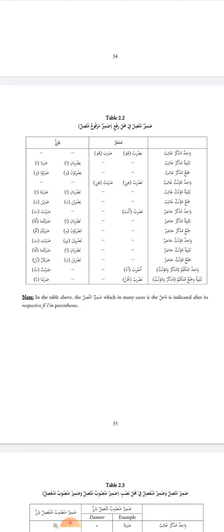Those who know sarf will know what I'm on about. If you haven't memorized the sarf tables, the sigas, the forms, maybe you won't be clear. You won't get what I'm explaining right now. So in adribu, ana dhamir is mustatir, hidden, and in the final siga of fi'l mudari', nadribu, nahnu is mustatir.